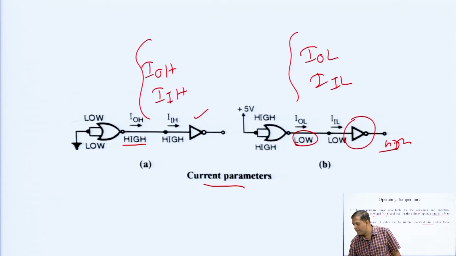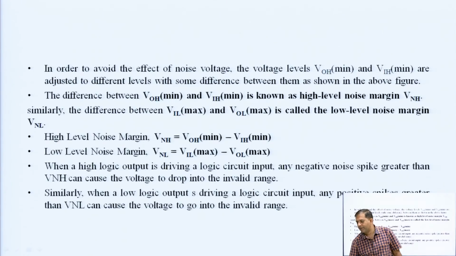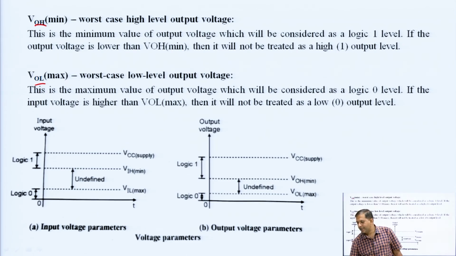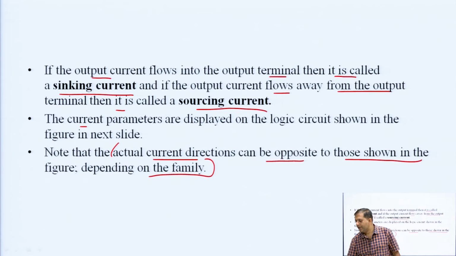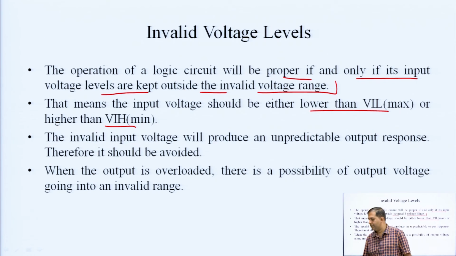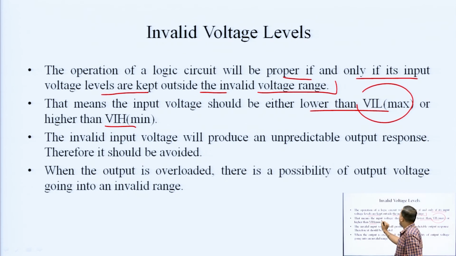Already VIL and VIH we have discussed in the previous slides. You can see this is VIL max and this is VIH min. So, the input voltage should be either lower than VIL max or higher than VIH min, right.